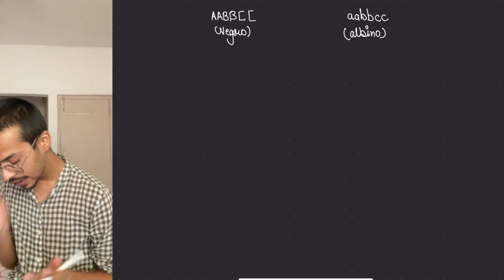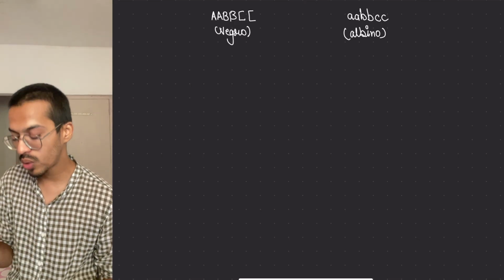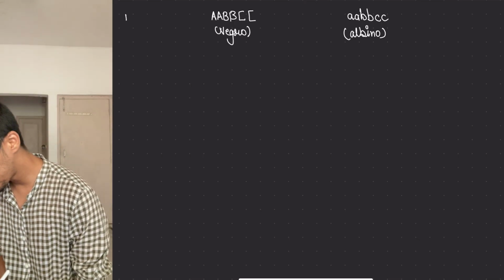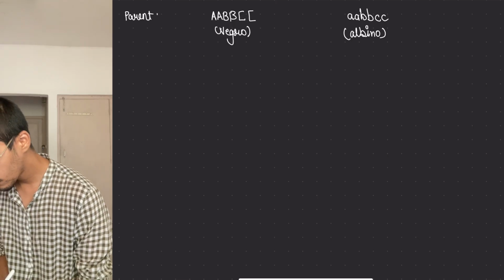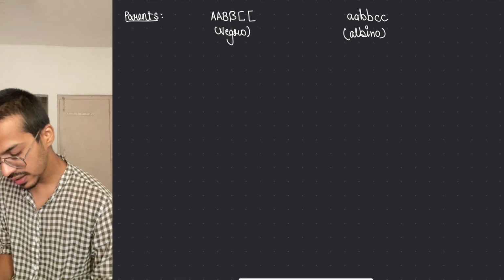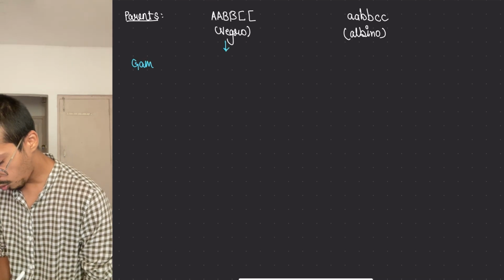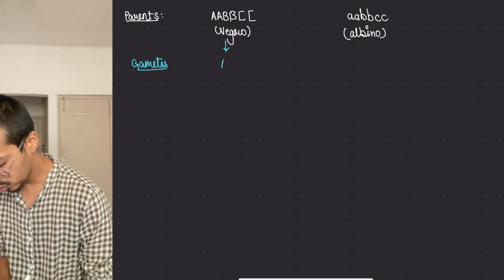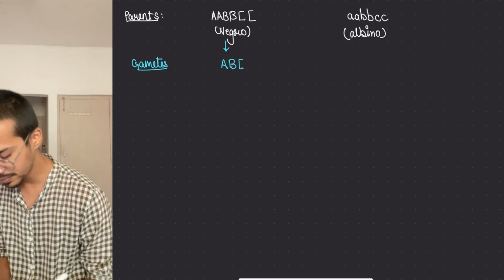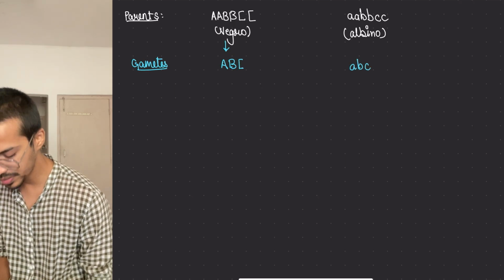Let's see. If they make gametes, what types of gametes will they make? So these are the parents, and the gametes would be as follows. The gametes of the dominant parent would all be the capital ones, so A, B and C. Here, the small ones. These would be the gametes.